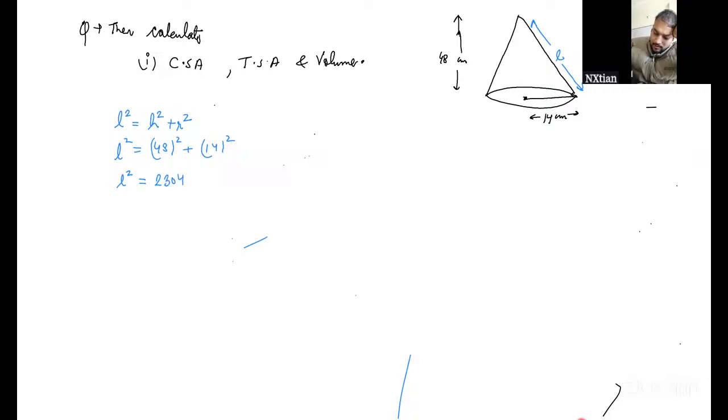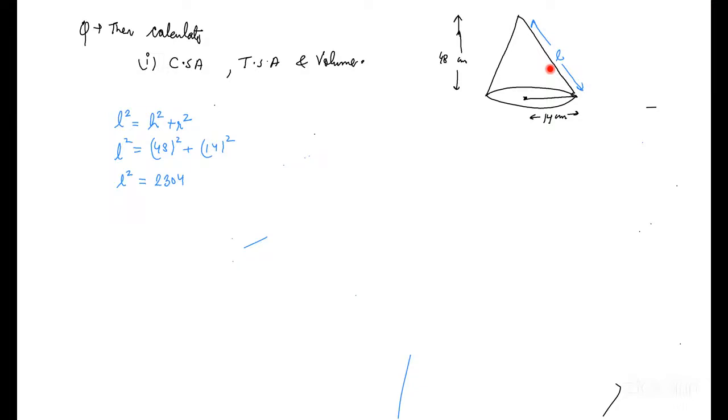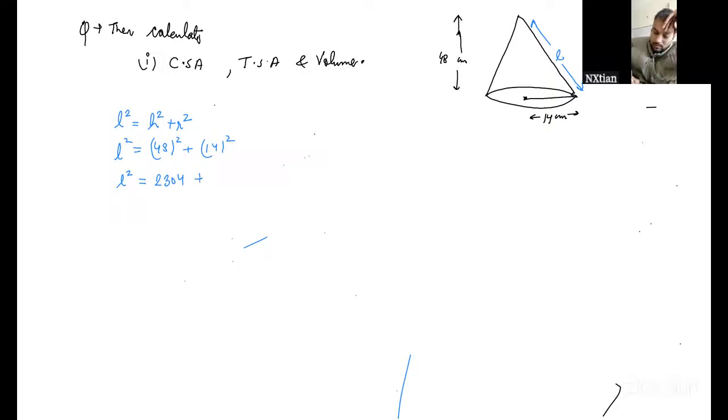Do you understand? Plus 196. So L square is equal to 2500. L is equal to root of 2500. Then L we got is 50. So I got L as 50 centimeter, which means slant height is 50 centimeter.